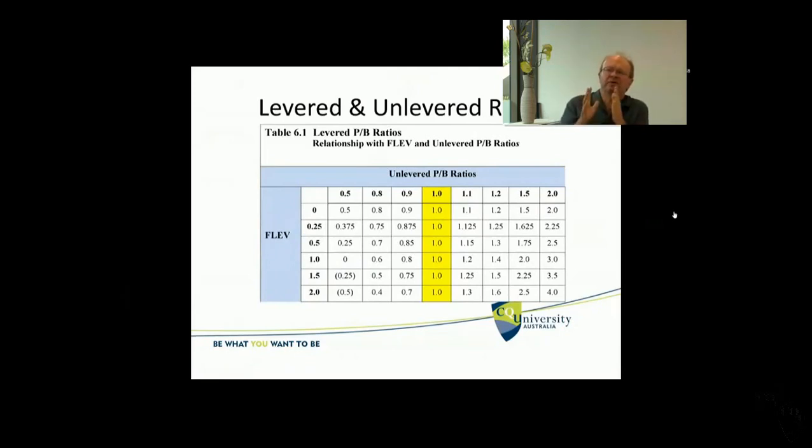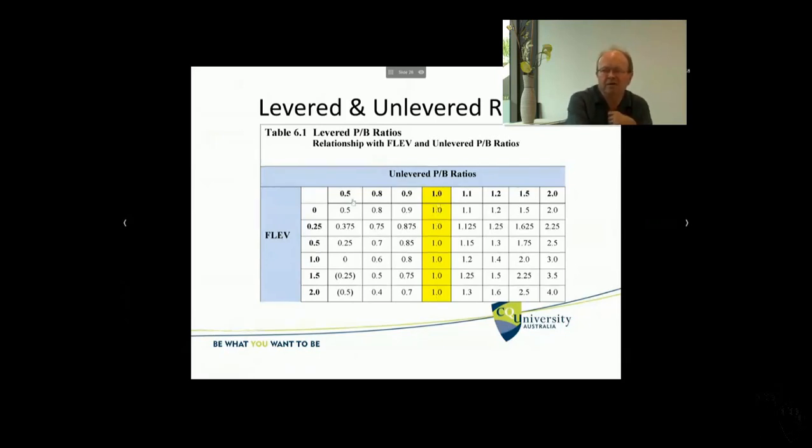And we also saw in that video that if the unlevered price to book ratio is 1, then the relationship between unlevered and levered is constant. They'll all be 1.